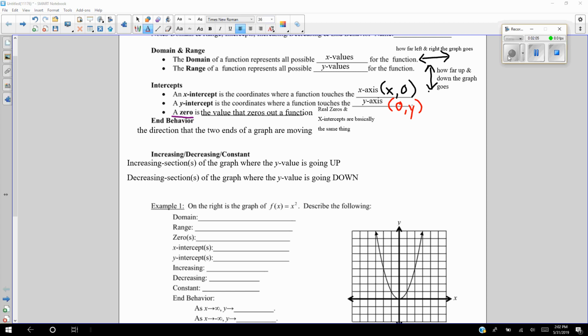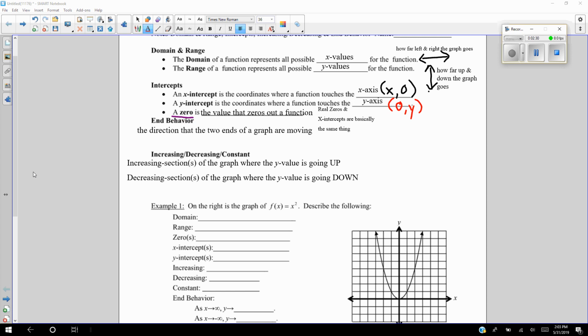A lot of times we talk about x-intercepts when we're graphing, and we talk about zeros when we're solving problems algebraically. You'll see sometimes questions will ask for zeros and sometimes for x-intercepts, and they're really the same thing, unless we're talking about imaginary zeros, which is further down the road.